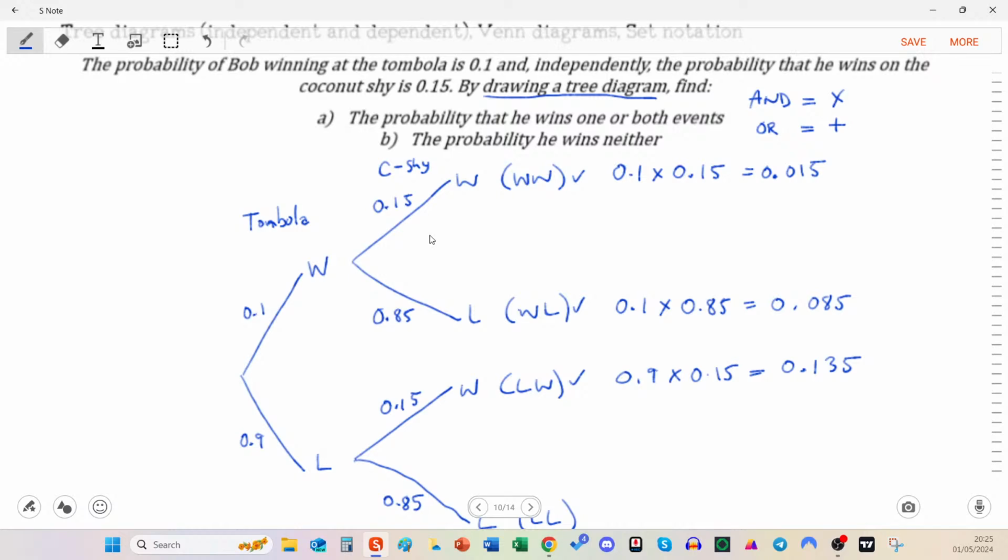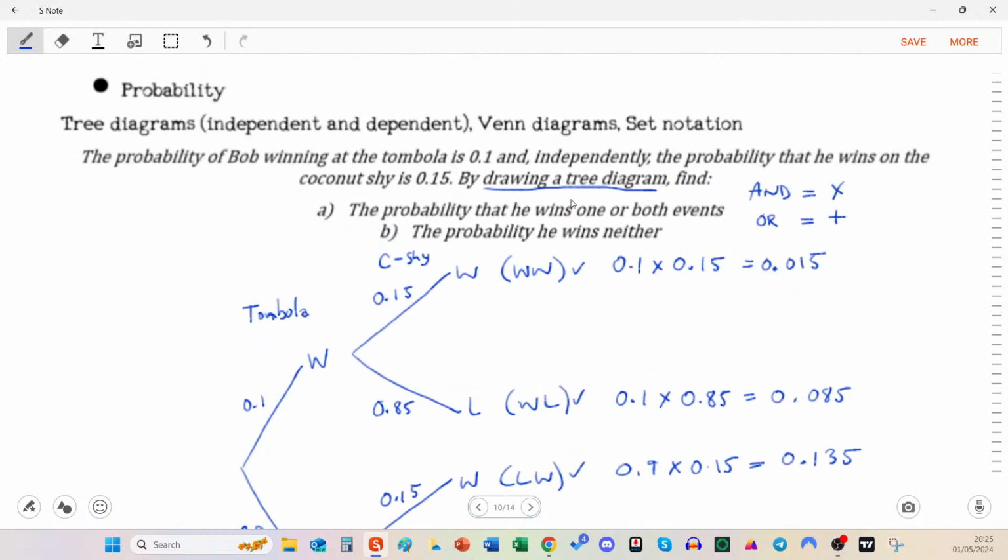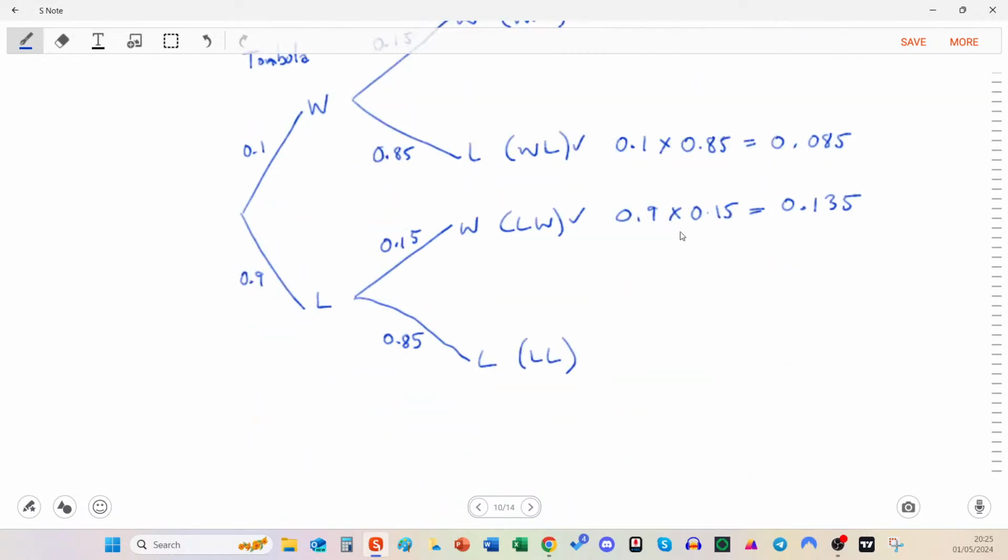So to find the probability that, you see there's the word or there, that he wins one or both events, we can say probability of one or both. That's probability notation, yeah? That P outside means probability, and this describes probability of what? We'll add them all up. 0.35 plus 0.085.